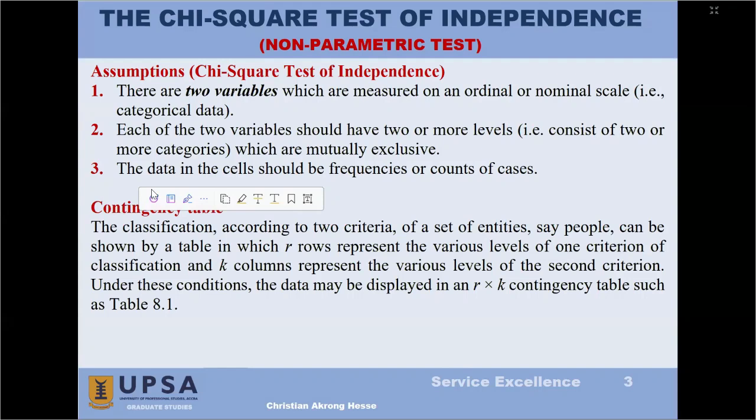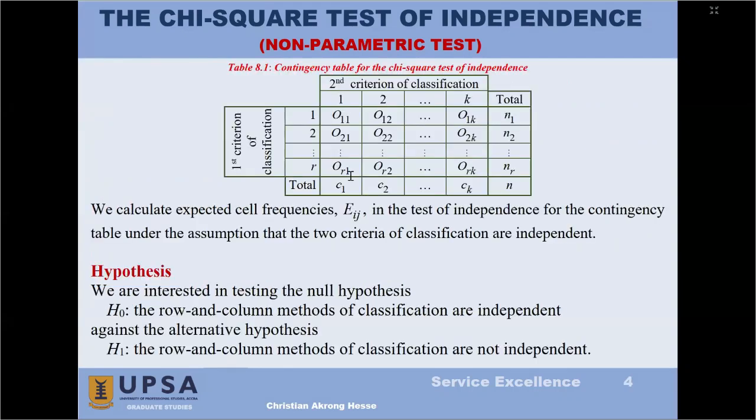I think the first day I taught you what we mean by categorical data. Each of the 2 variables should have 2 or more levels. I will show you what it means. And the data in the cells should be frequency or count of the cases.